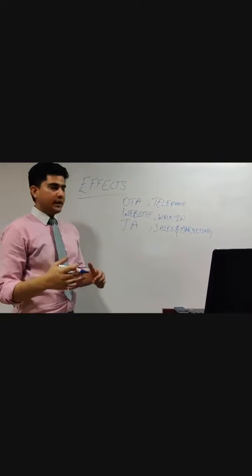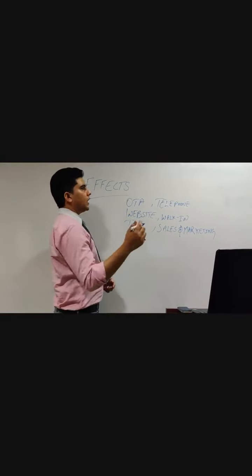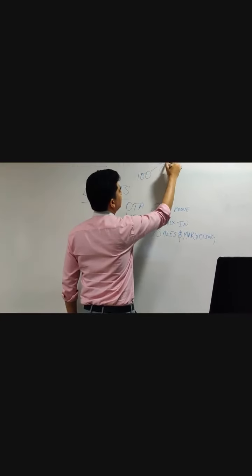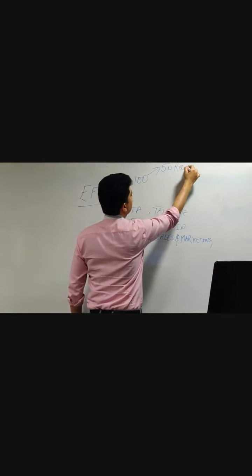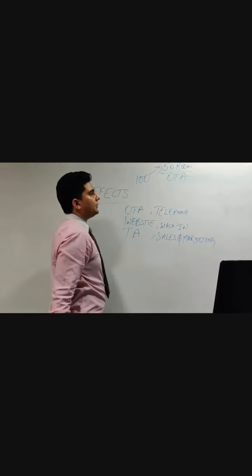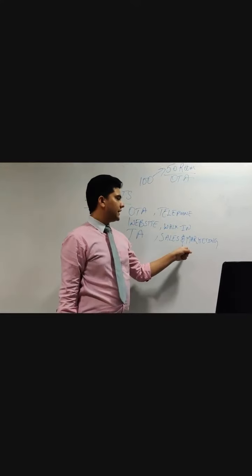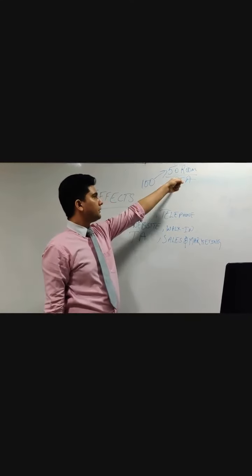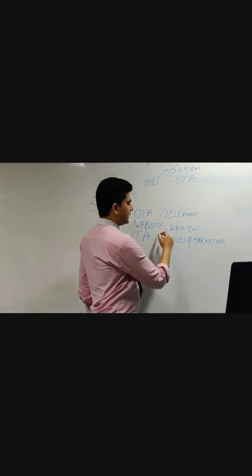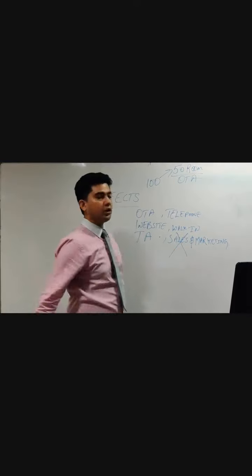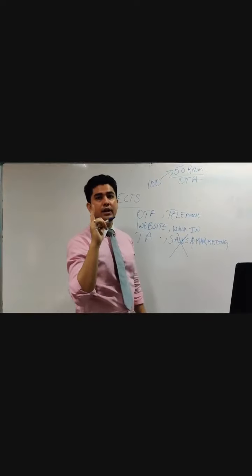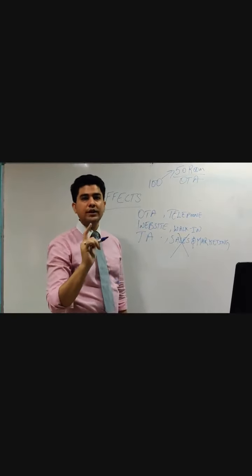Now you need to see, if you have 100 rooms and you are selling 50 rooms through OTA, that means despite having a sales and marketing team, if you are filling 50% of rooms through OTA, your sales and marketing team is not that efficient, or maybe you are making a mistake, maybe you are not doing the right allocation of the rooms into the distribution channels.